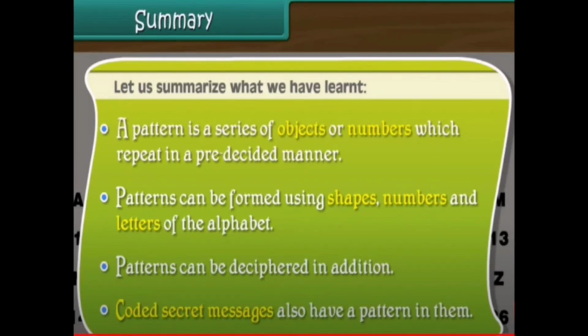Patterns can be formed using shapes, numbers and letters of the alphabet. Patterns can be deciphered in addition. Coded secret messages also have a pattern in them. I hope you have learned a lot from this chapter. Thank you.